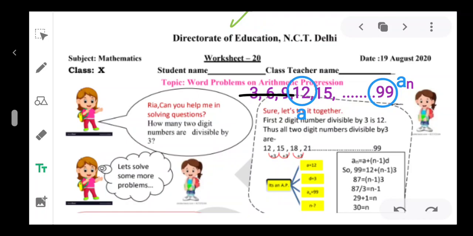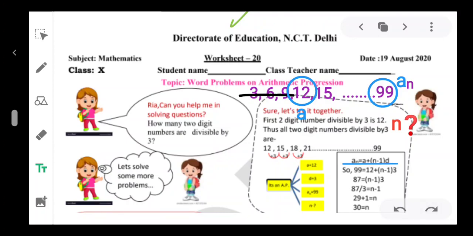Therefore, the common difference between two consecutive terms is 3. The last term is an, and we have to find n. How many numbers? It means we have to find n. So these are terms. What is n? The total number of terms from 12 to 99. This is the question.